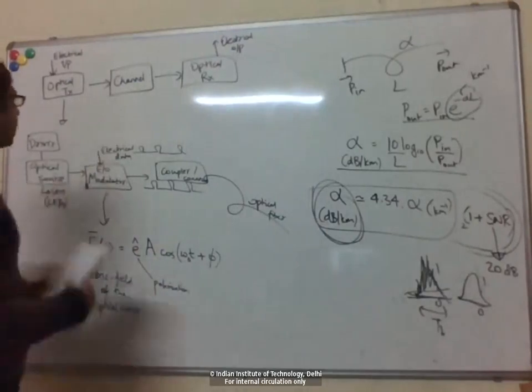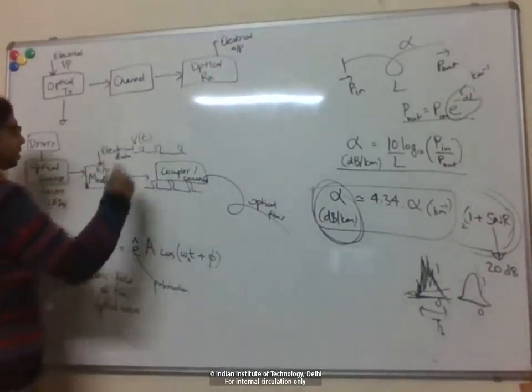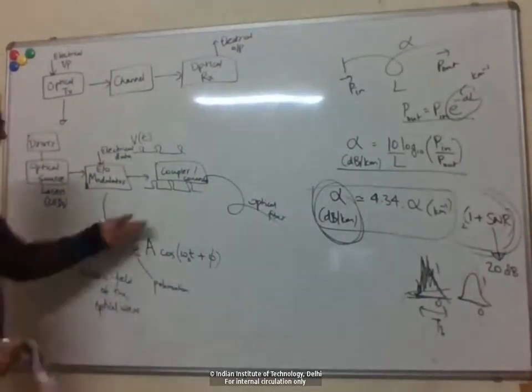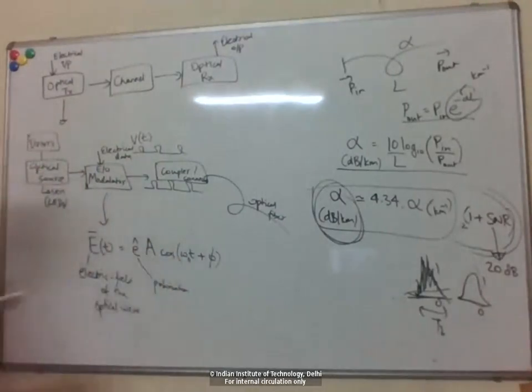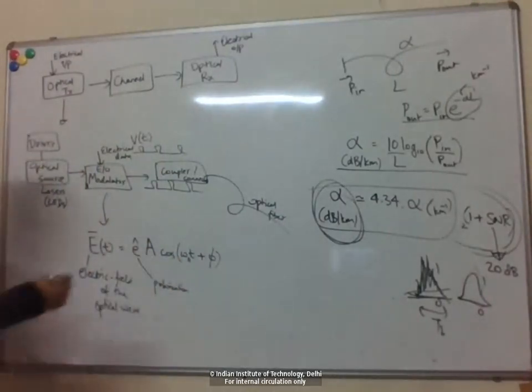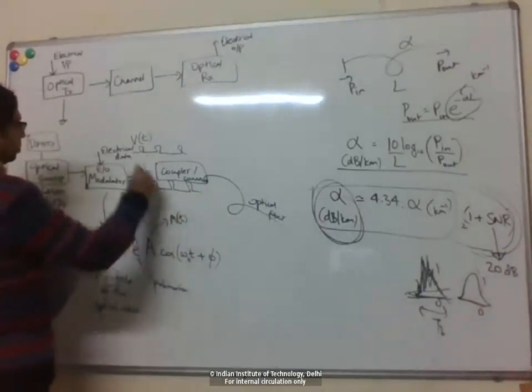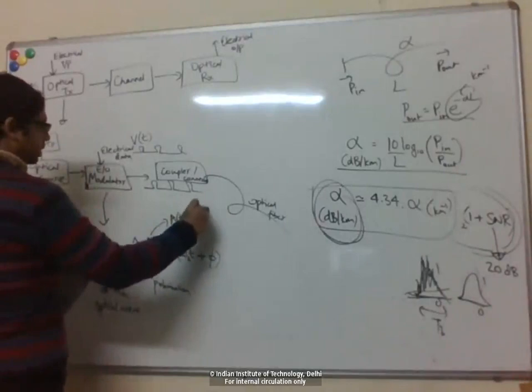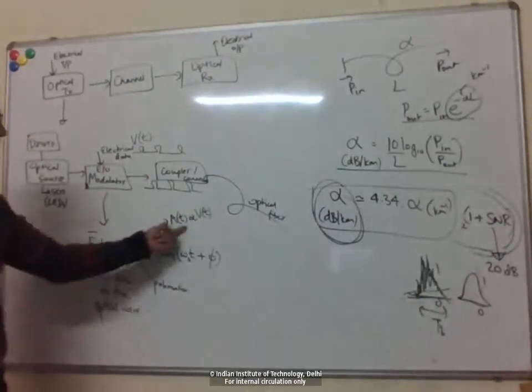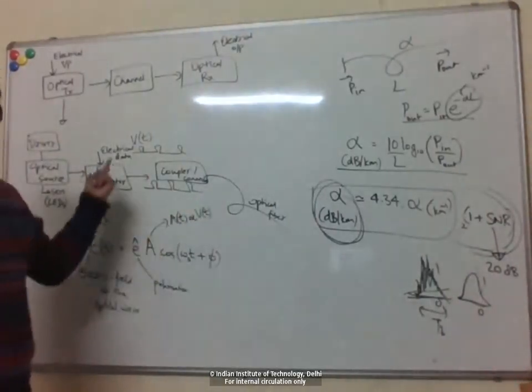Right, and now I have electrical data, which is a function of time, which I want to imprint on this. So I can choose various things. For example, I can make the amplitude a function of time like this. That would be amplitude or intensity modulation.